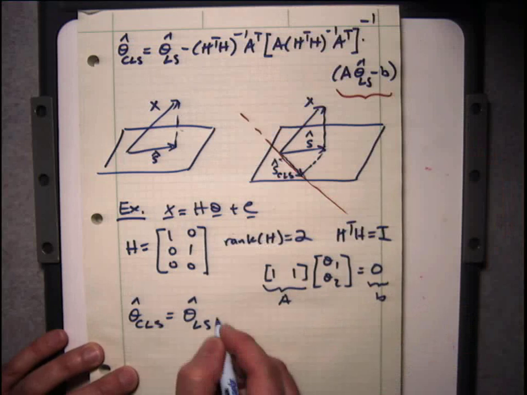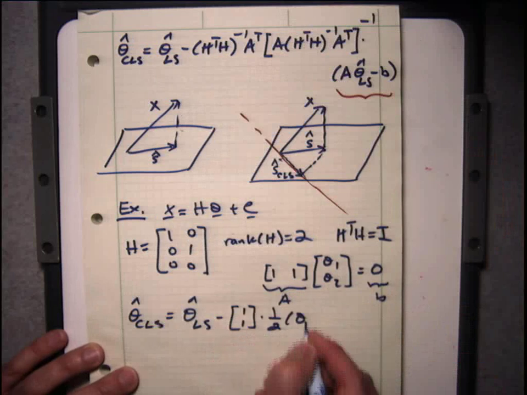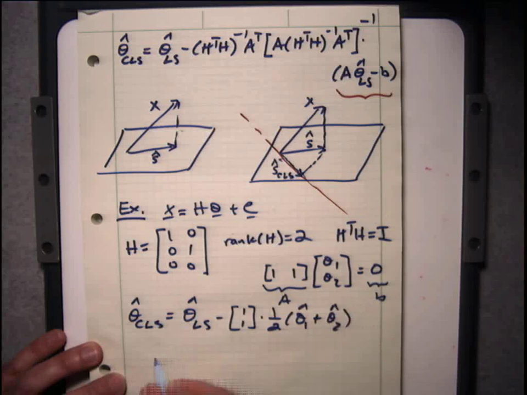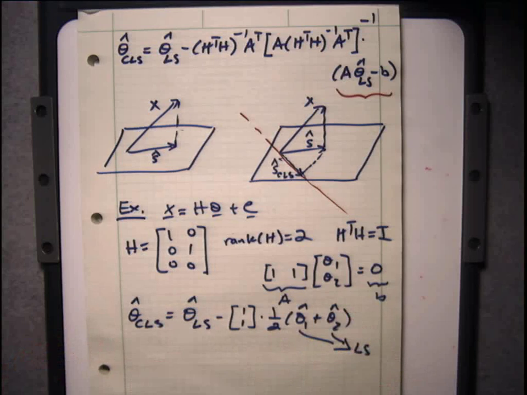So you get this: minus 1, 1 times 1/2 (θ1 hat minus θ2 hat), where these two are in fact the least squares solution. So these are just components of θ hat least squares. I've skipped over all the simplifications.